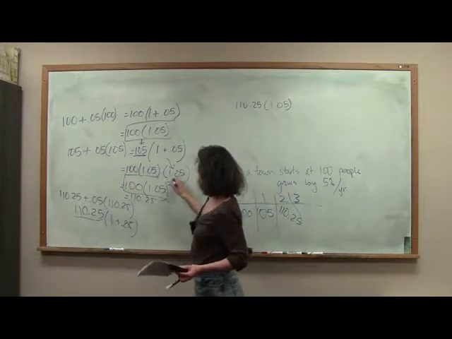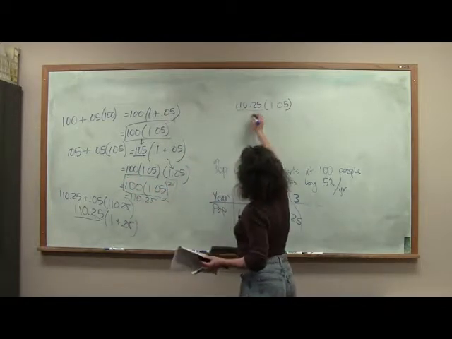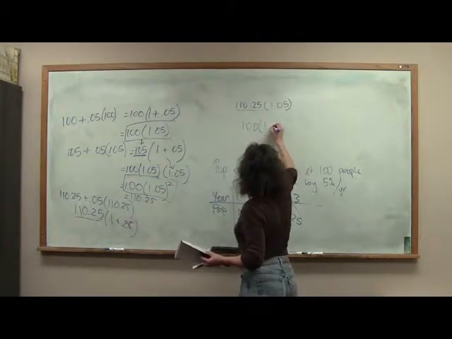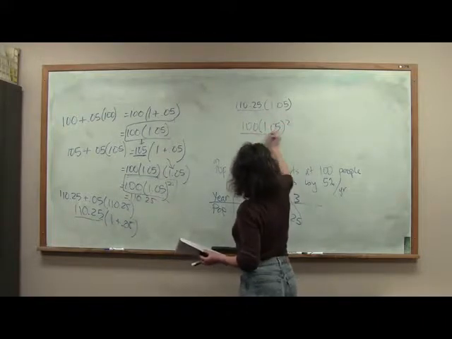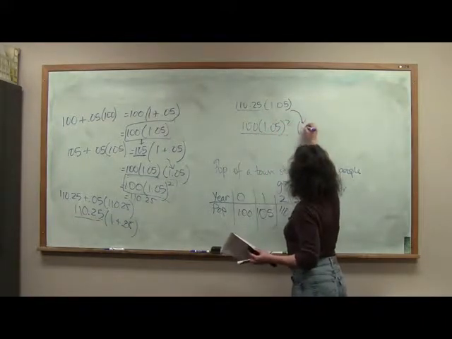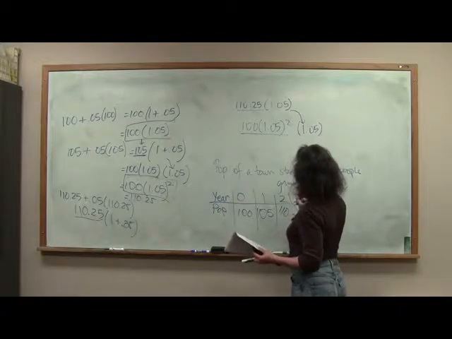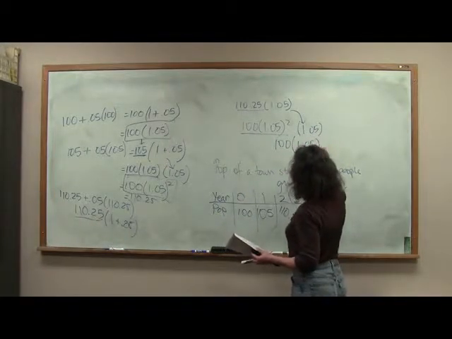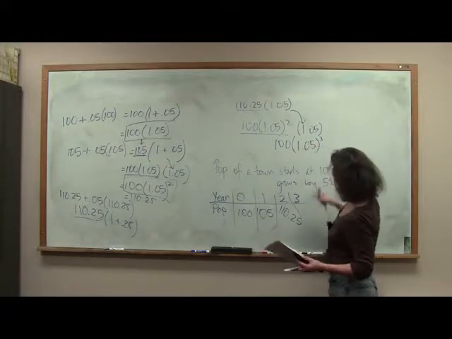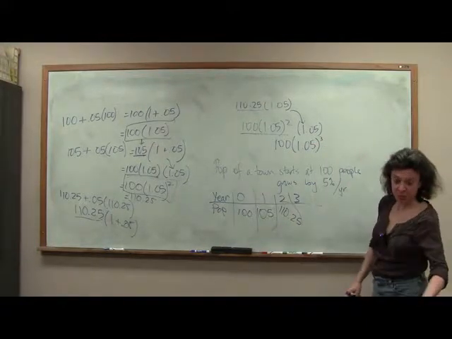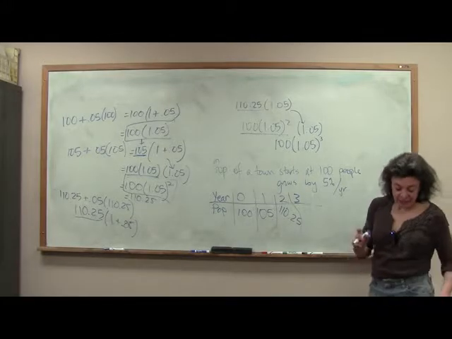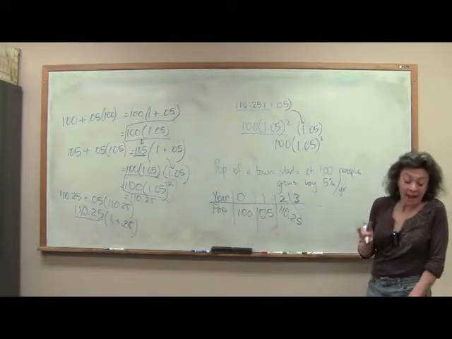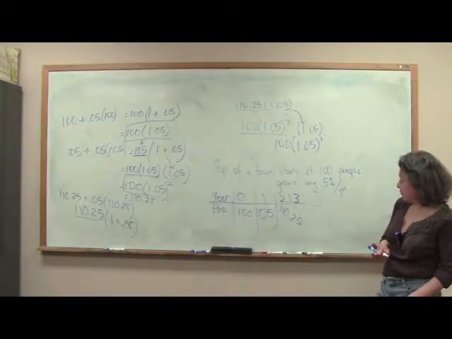Okay? But where did we get this 110.25? Wasn't that equivalent to 100 times 1.05 squared? And then I have this other 1.05. So the way we could compute it is 100 times 1.05 cubed. Let's start looking at the pattern that's going on here.